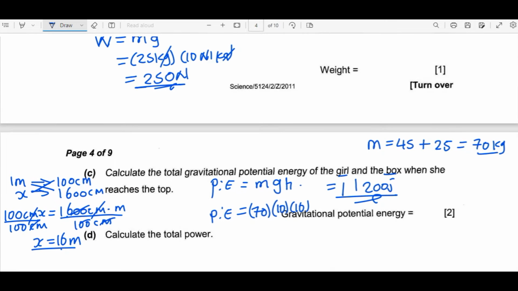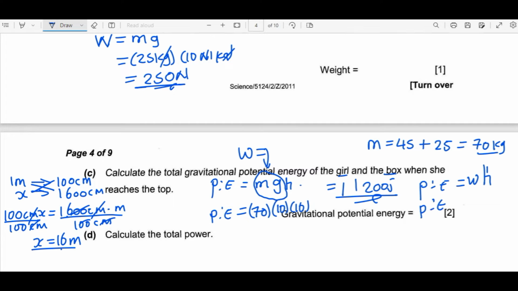Now if you look at the formula for potential energy, it can also be expressed using weight. The formula for weight is equal to mg. So the potential energy can also be weight multiplied by the height.